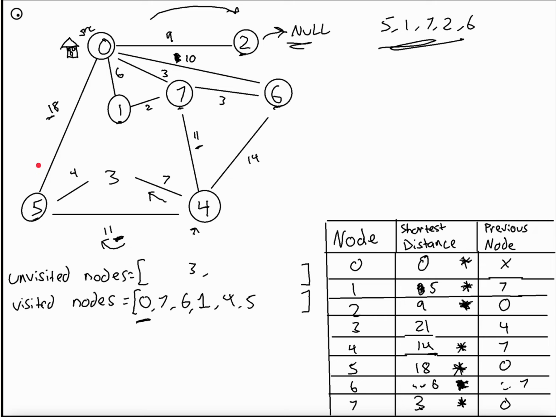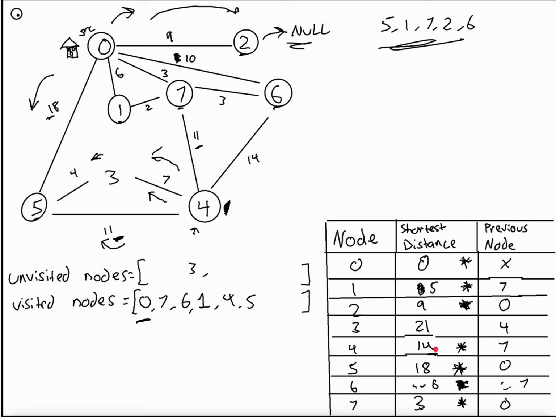So to get to 5 currently, we can just come straight from the source, and that gives us 18, or we can go all the other way around this way, which gets us to vertex 4, and then we can add this 7 and this 4 to however long it took us to get to vertex 4.